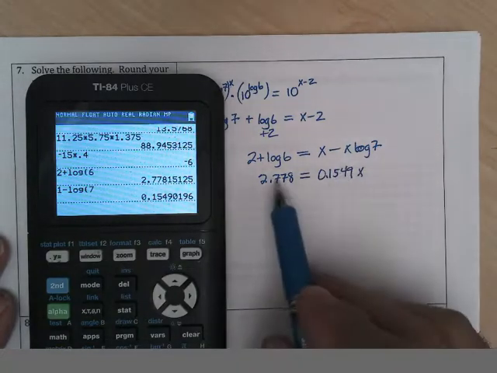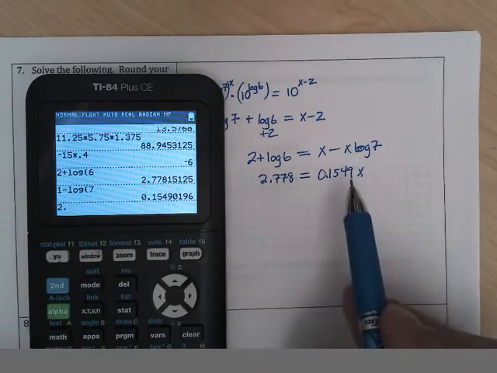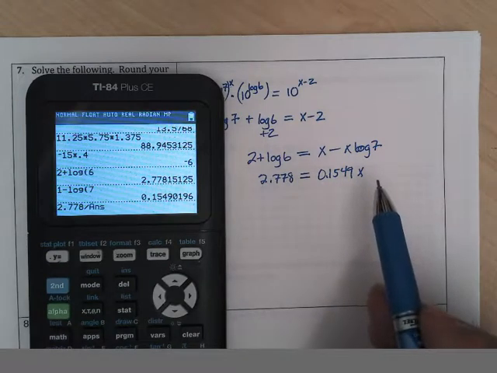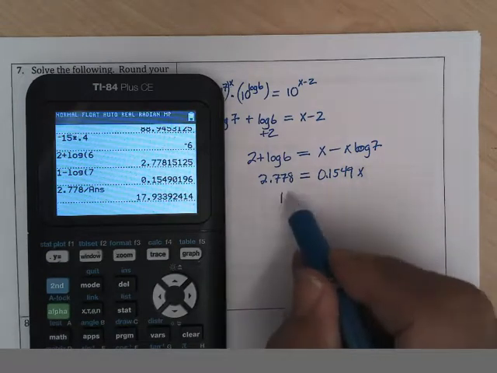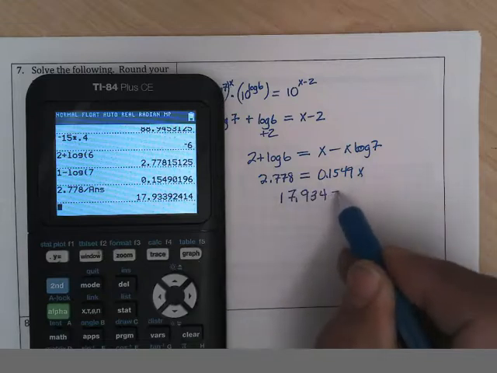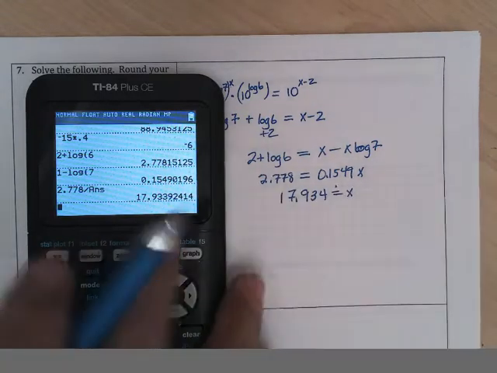So I'm going to divide 2.778 divided by my last answer, and I get 17.934 is what x is approximately.